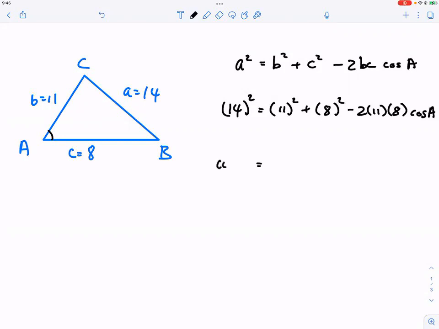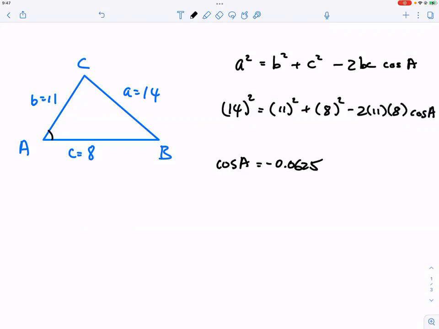So you have cosine of A, it's equal to negative 0.0625. Let me just double check. So 14 squared minus 11 squared minus 8 squared, and then divided by negative of 2 times 11 times 8.